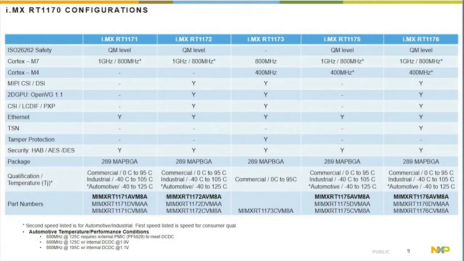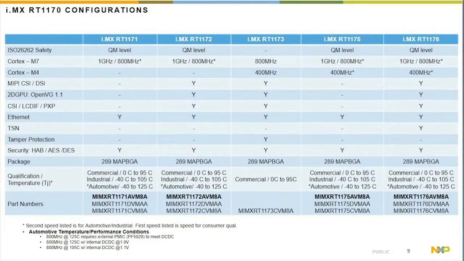What this does is it offers the customers the ability to decide what features are important, because there's so many features in this device that they can choose either a full-featured superset, such as the 1176, that has all the functionality, in addition to the TSN capability. That's the main difference between the 1175 or the 1172 and the 1176, is that you get that TSN, or time-sensitive networking capability, on that second gigabit Ethernet port.